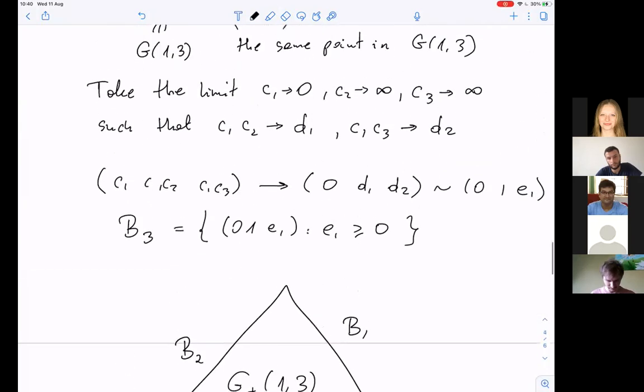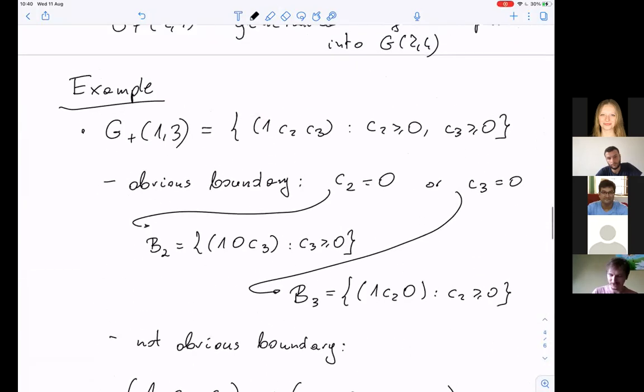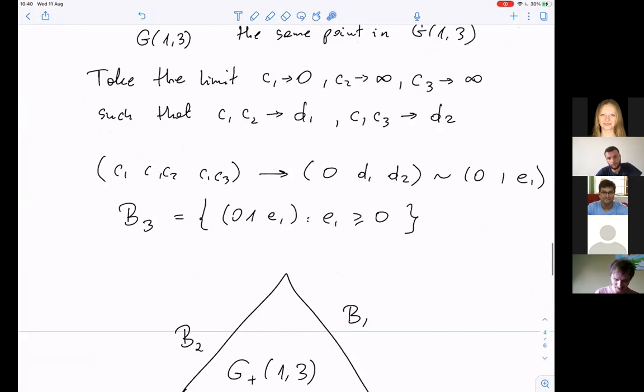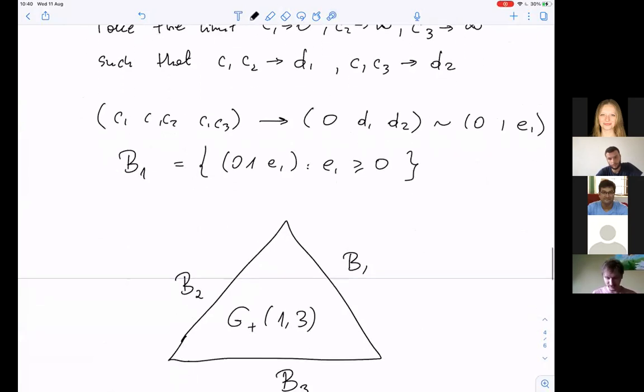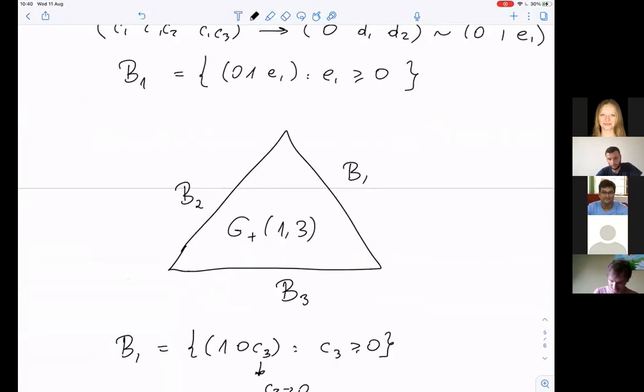Because I called this B1, I should call it B1. Okay, so this is B1. So B1 is really this matrix. I'm sorry about that.